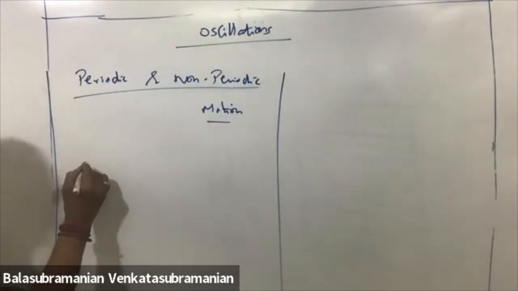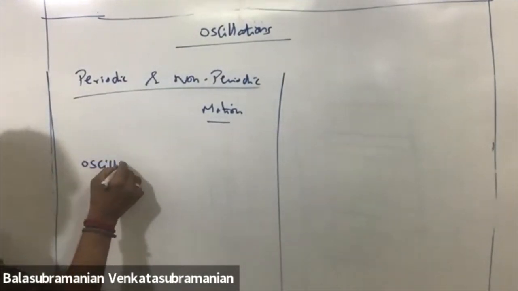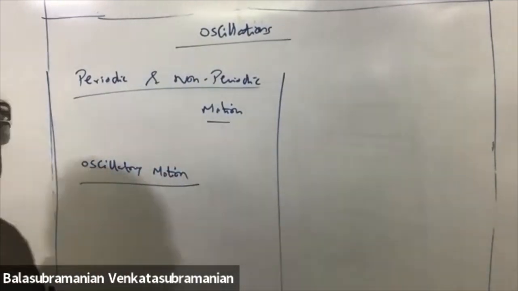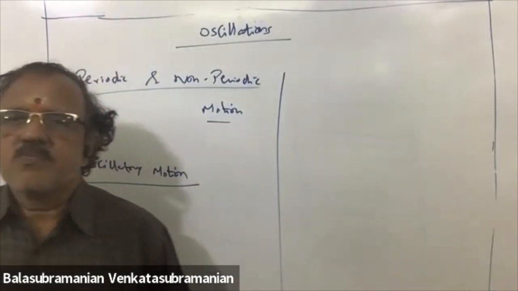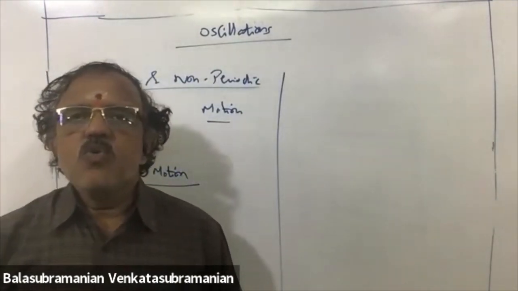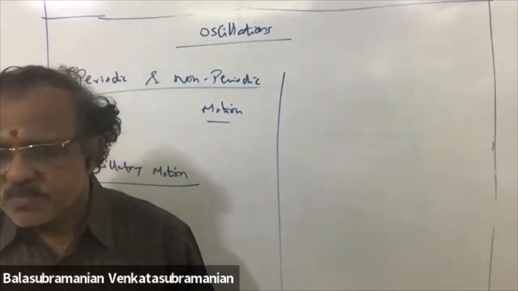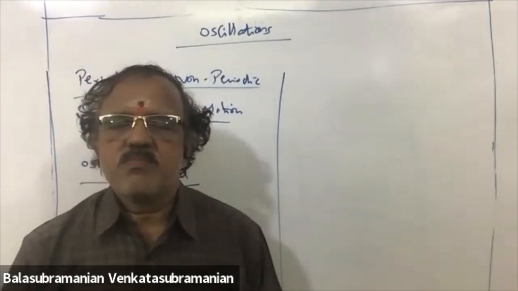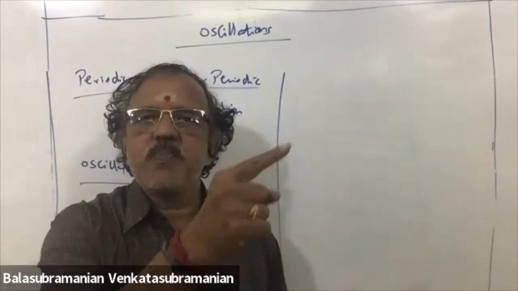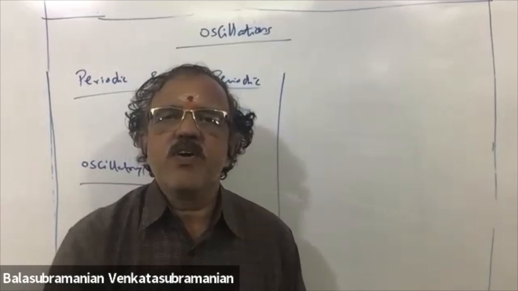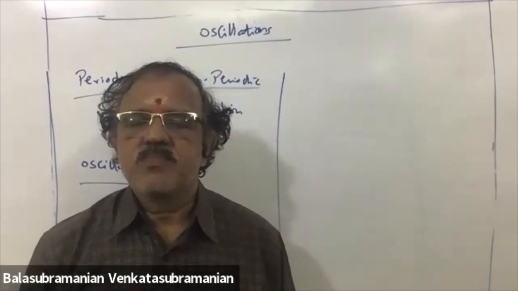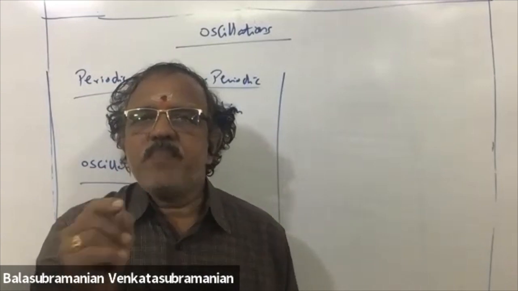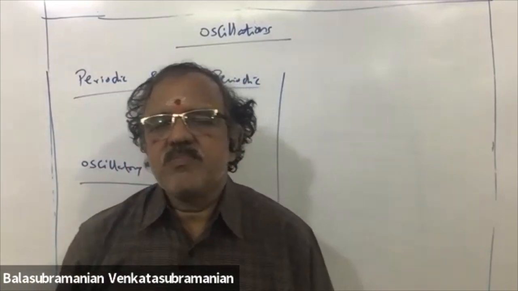Okay, next, oscillatory motion. To and fro motion, we call it oscillation. To and fro, which happens periodically. Oscillation of a pendulum, to and fro, happens at regular intervals of time.